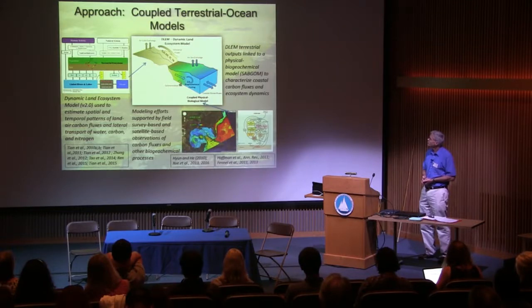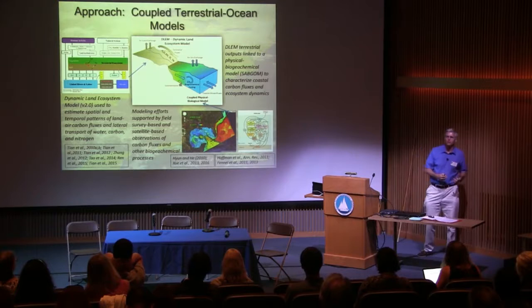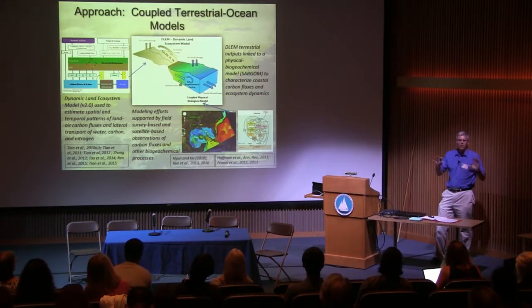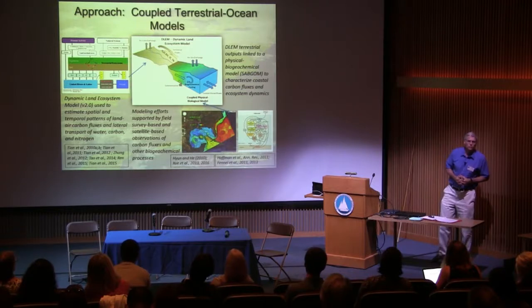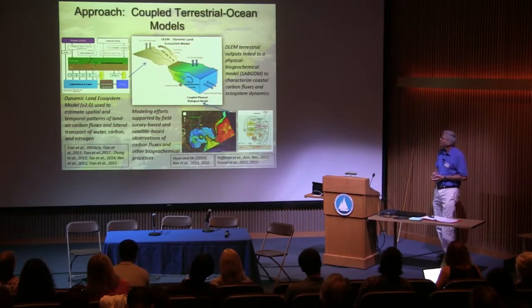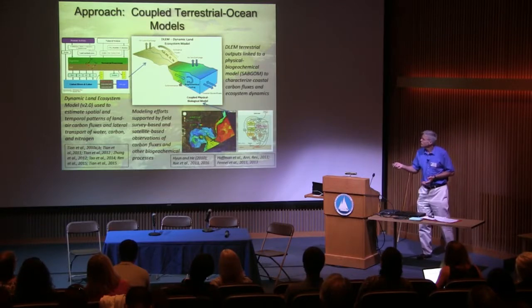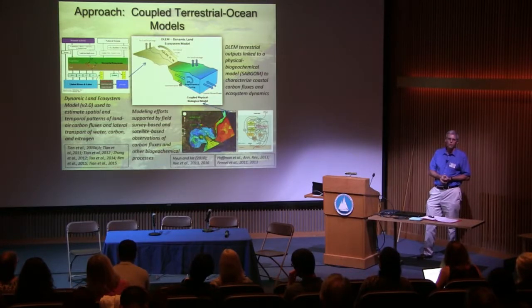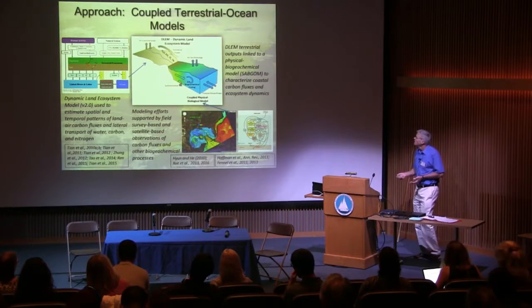So our approach is, and I guess I'm digressing a little bit from the themes of some of the previous talks, this is a little bit larger scale. Our area of study was the Mississippi River Basin and the northern Gulf of Mexico. And our approach has been to look at a combination of terrestrial biogeochemical models and a coastal ocean physical biogeochemical model.